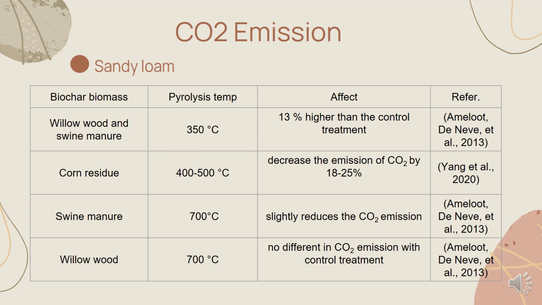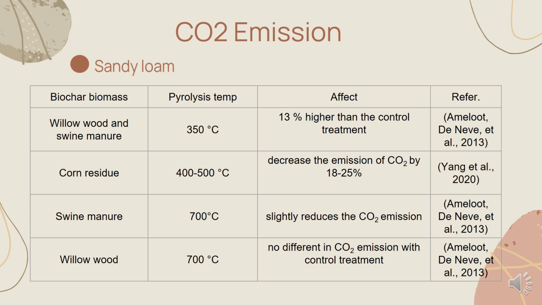There is an increase in the carbon dioxide emissions of about 13% compared to the control treatment when they used swine manure as biochar biomass at a pyrolysis temperature of 350 Celsius. However, there is a decrease in the emission of carbon dioxide by 18 to 25% when they used corn residue as biochar biomass, and the pyrolysis temperature was between 400 to 500 Celsius.